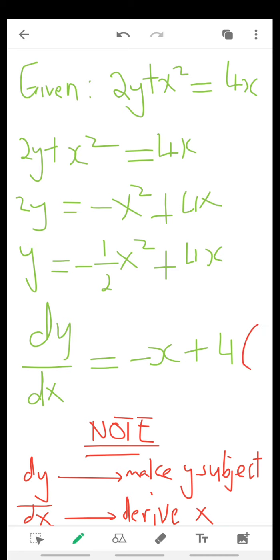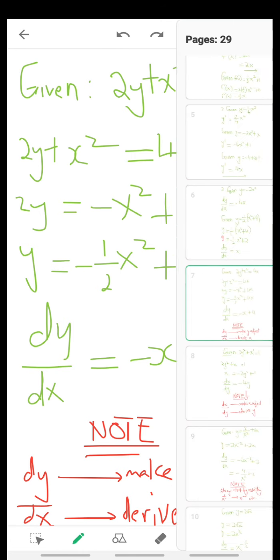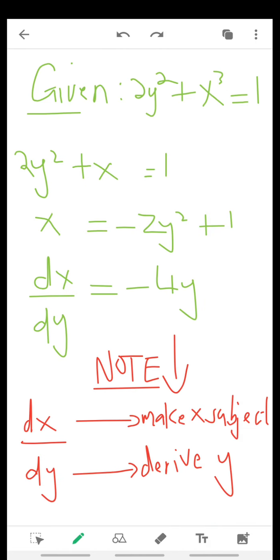F of 0 is 1. Please note that there's a different thing. The top variable dy, meaning y is the subject of the formula, and then the bottom variable is the one that is derived. Now let's come to this one.